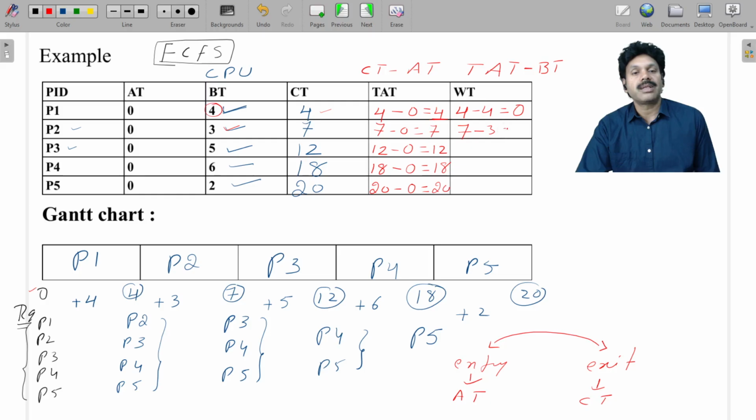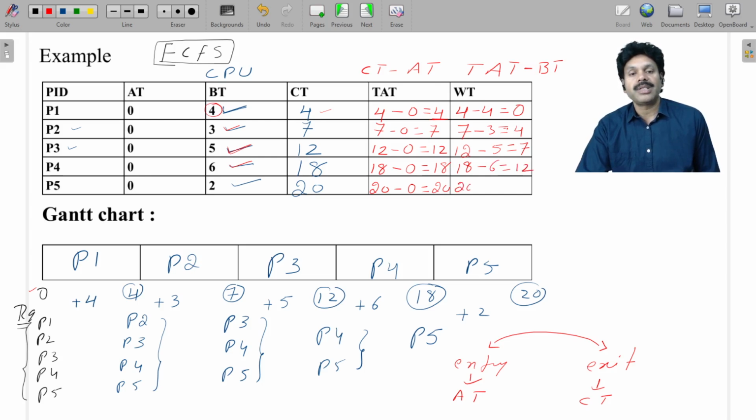Therefore, 4 units waiting time. Then 12 units is turnaround time for P3, but it is executed by the CPU only 5 units. So 7 units is the waiting time. Then 18 units is turnaround time. It is only busy with the CPU 6 units, so 12 units are waiting time, idle time.